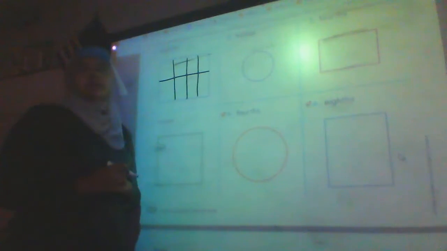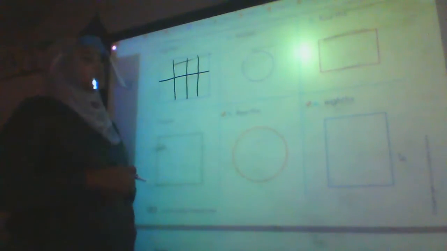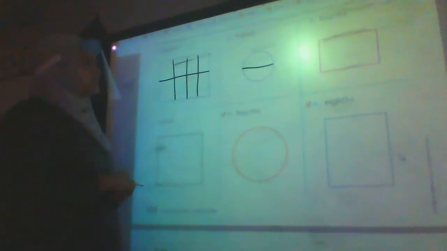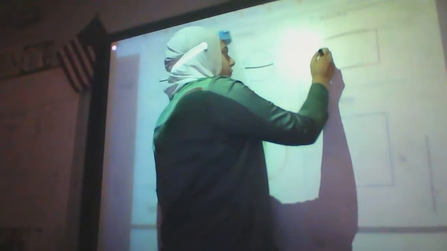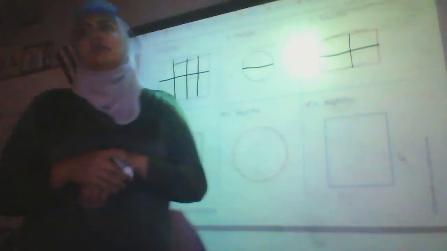Number 2 is easy. It says cut into halves. You can either cut it this way or this way. It doesn't matter, but you need to try to make the pieces equal. So I'm just going to do it this way. Half. Number 3 is fourths. That's easy. You're cutting it into 4 equal parts. I would cut it once horizontally and once vertically. Make sure that you try to make your little squares, each one as equal to the other as possible.